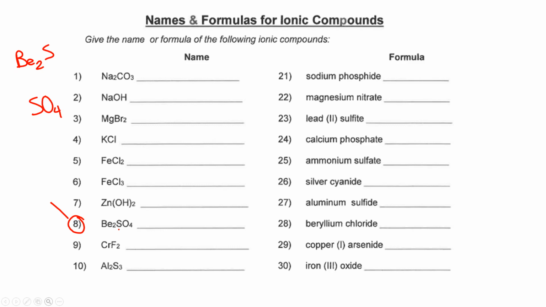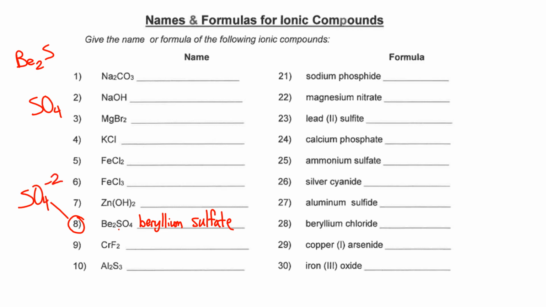In this case, it's just sulfate. So it's going to be called beryllium sulfate. So when it has 3 or more elements, you always have to look at the chart to see if it's one of those polyatomic ions.